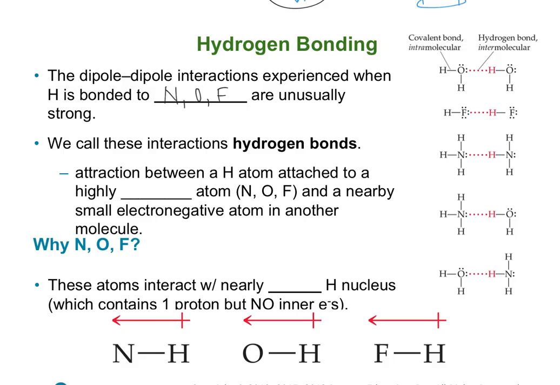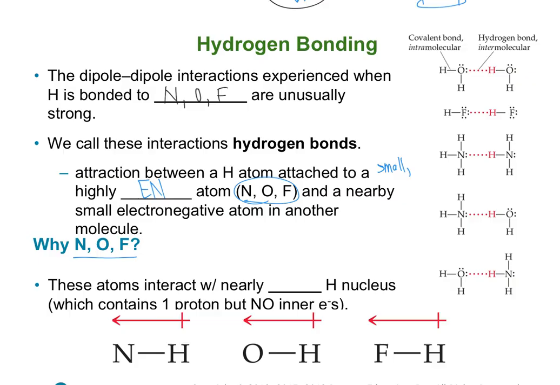It's the interaction between hydrogen and any other technically small yet highly electronegative atom. Specifically, it's going to be nitrogen, oxygen, and fluorine. So once again, why is it nitrogen, oxygen, and fluorine that do hydrogen bonding with hydrogen?